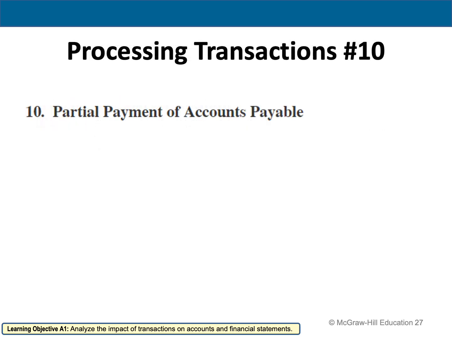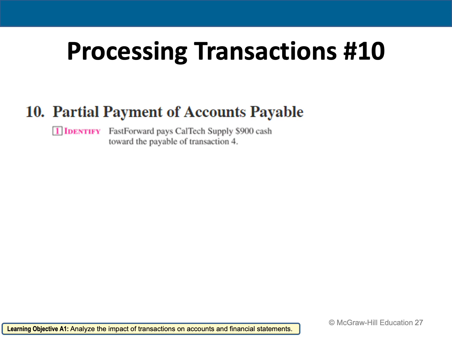Now let's see processing transaction number 10. The transaction here says, fast forward, they pay Caltech Supply 900 cash towards the payable of transaction 4. So what happened first in transaction 4? If you go back to transaction 4 in the slides, you will find that the company, fast forward, purchased supplies on credit.